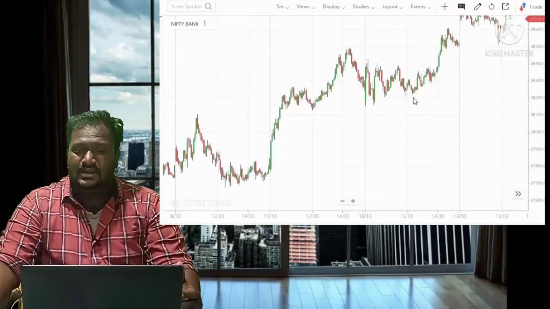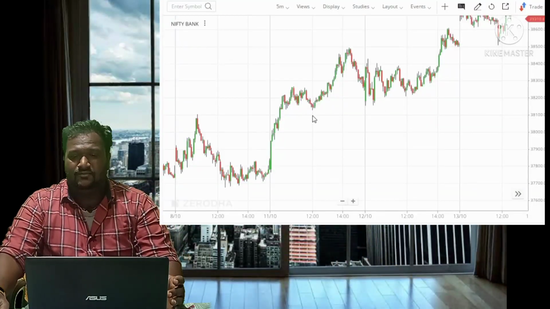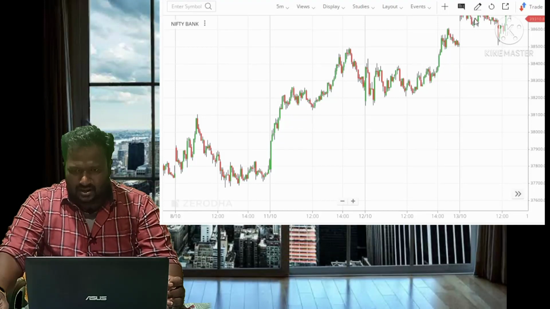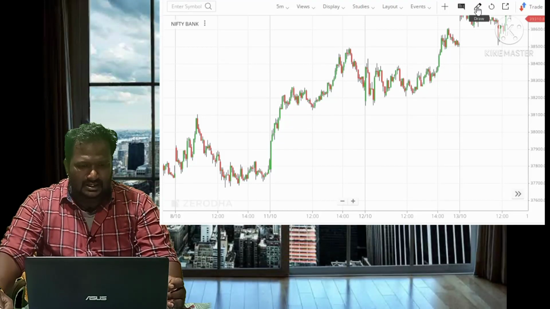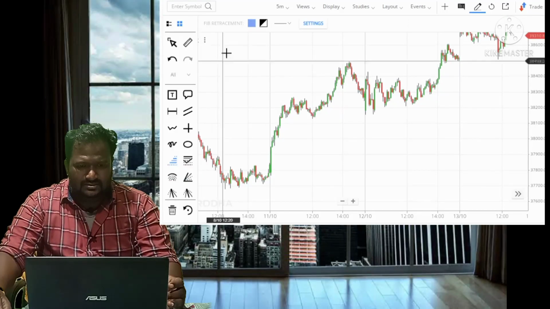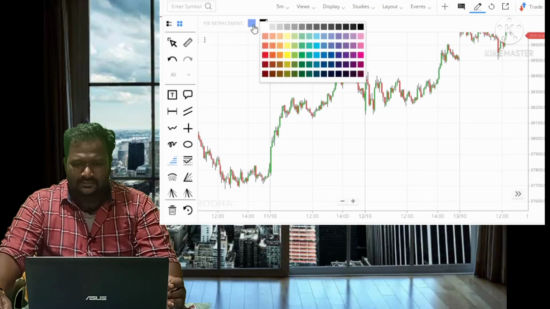For that, you have to go to the previous day and draw the Fibonacci, Fib retracement. I am going to click draw, and here I am selecting Fib retracement. You can change to any color you like.